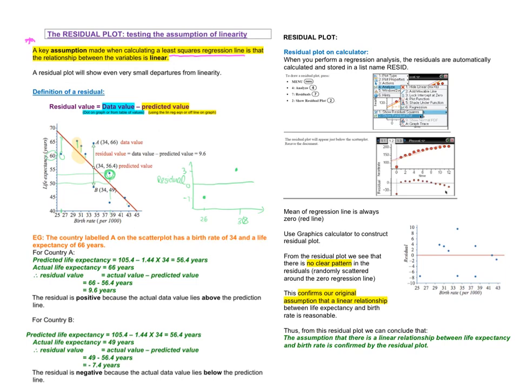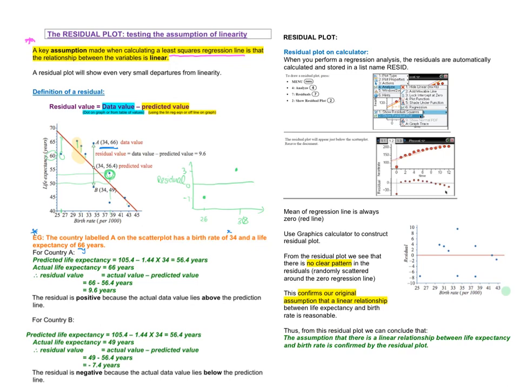So we're going to go back to this example of life expectancy with the birth rate. Here we've got a couple more examples of calculating the residuals. It says the country labelled A, which they've got up here, on the scatter plot has a birth rate of 34. That's an X value, and a life expectancy, that's the Y. So this 66 is the actual value.